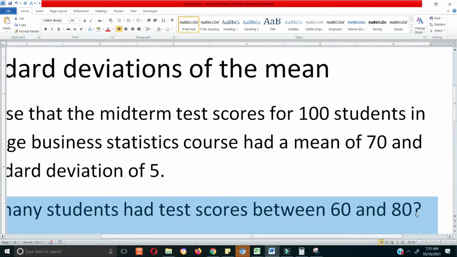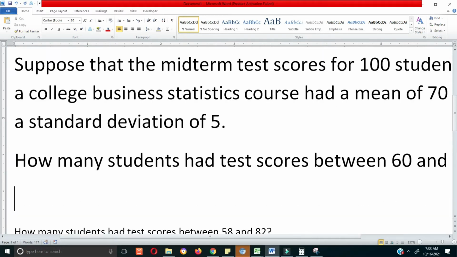So we have to compute the z-score. For the lower value, the z-score is the value minus the mean of 70, over the standard deviation. It gives us minus 2 standard deviations.